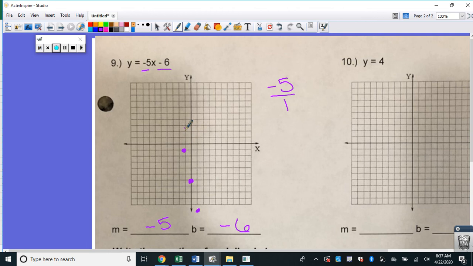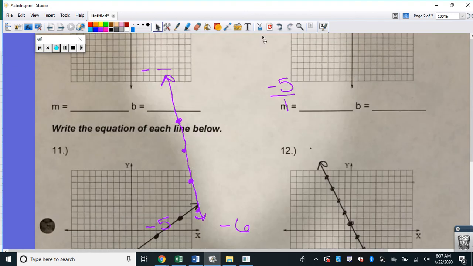And I'm going to try and draw that line the best I can. So that is what negative 5x minus 6 should look like graphed. And then we had questions about number 13.